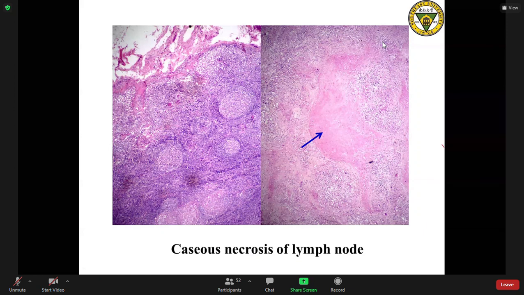Now maybe you cannot understand why there is a tubercle in the lymph node. This lymph node is infected by the bacteria, tuberculosis. When bacterial infection occurs, a granuloma is formed. We will study the granuloma in the next chapter, inflammation.